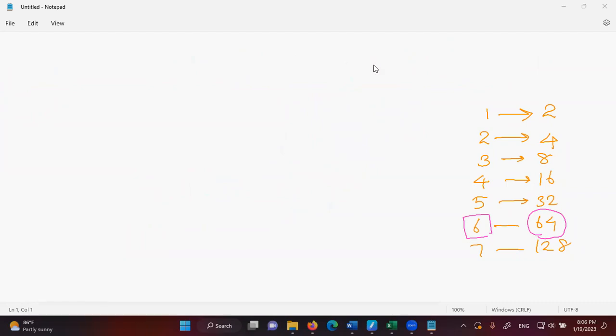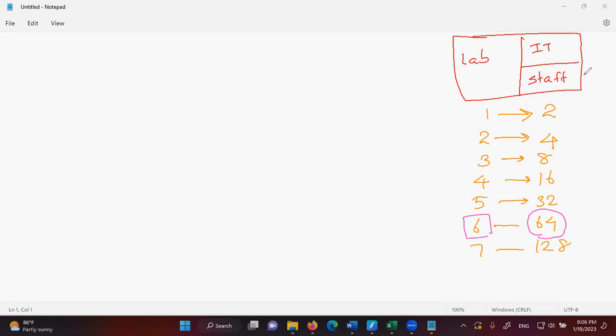For example, think that we have an office, right? Imagine an office with 3 departments. This is the computer lab. This is the IT department. This is the staff room, right?